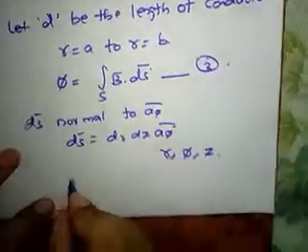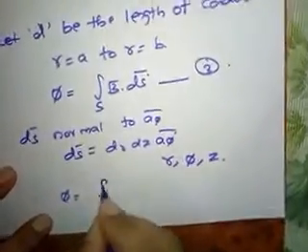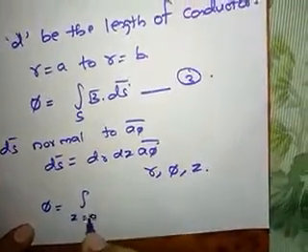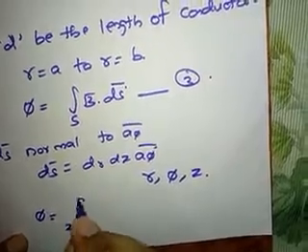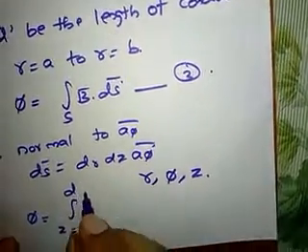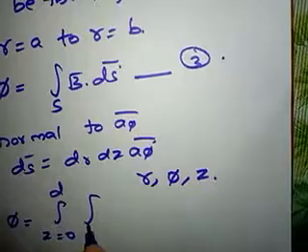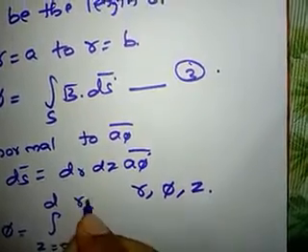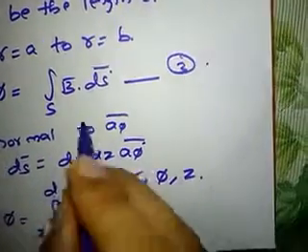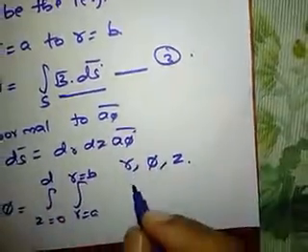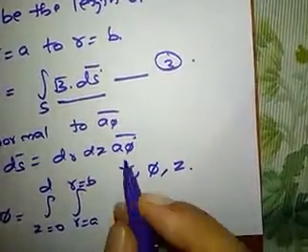Now substitute this. So phi is equal to the integral z equal to 0 to z equal to d, that is the length of the conductor, and the integral r equal to a to r equal to b, of B bar dot ds bar. What is B bar dot ds bar?